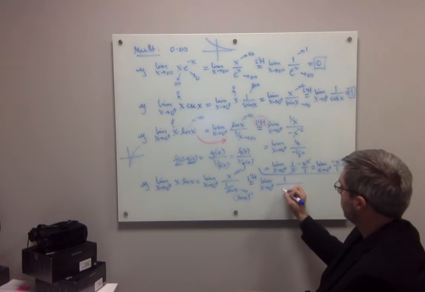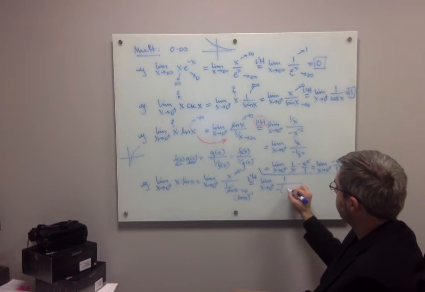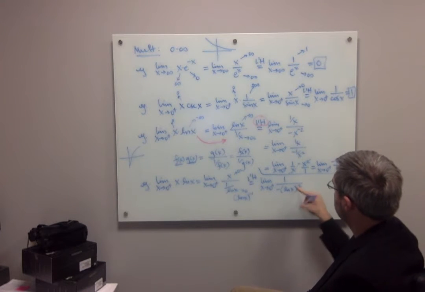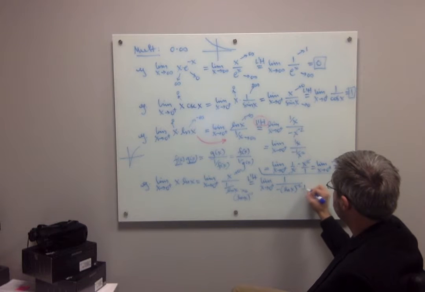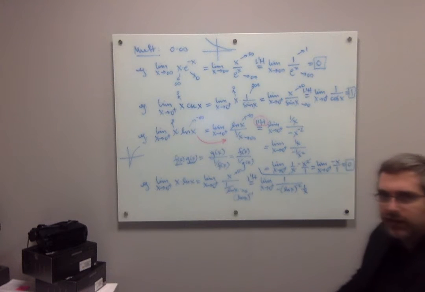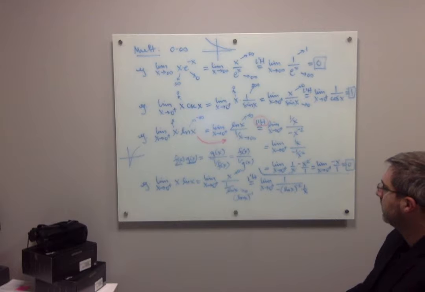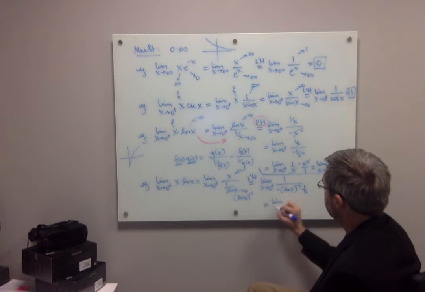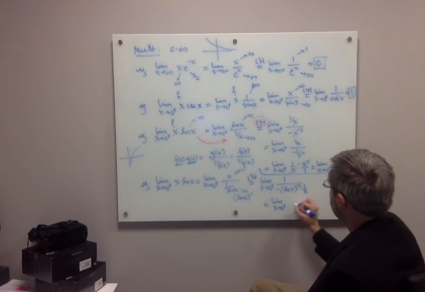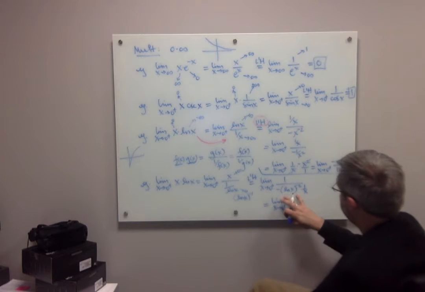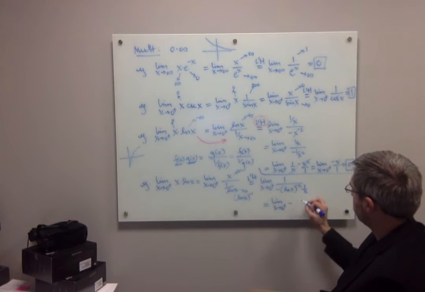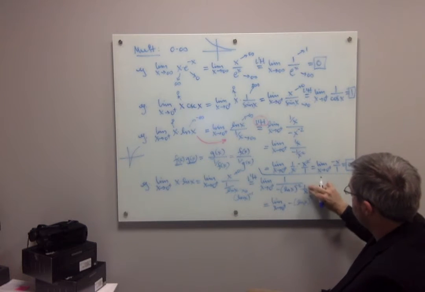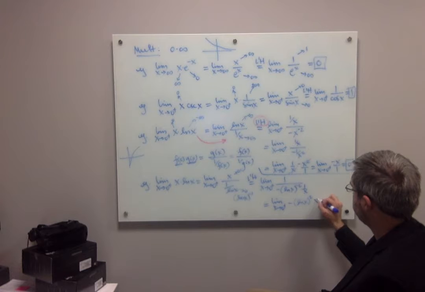So what I'm going to have down here is negative natural log of x to the negative 2, times the derivative of the inside, which is 1 over x. If I clean that up, I've got a negative. Natural log of x to the negative 2 means it belongs upstairs squared. And the 1 over x belongs upstairs flipped, so that's just x.